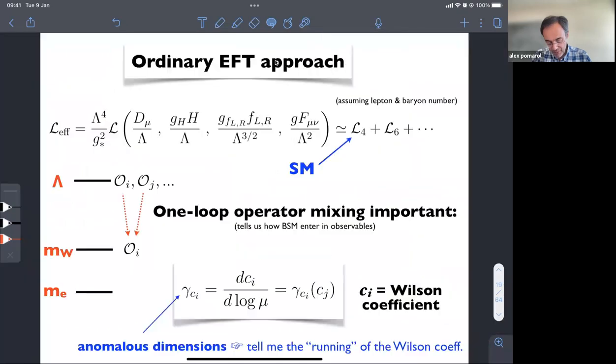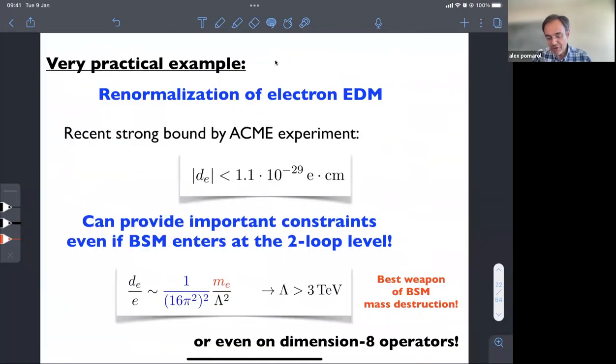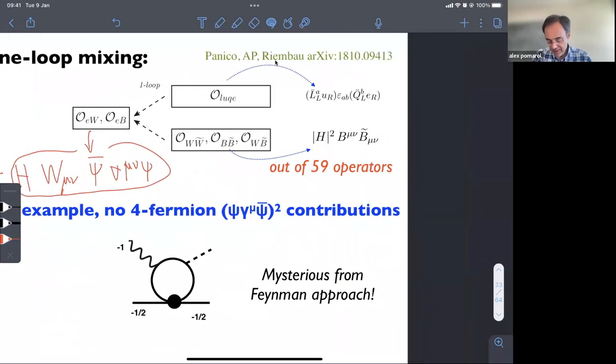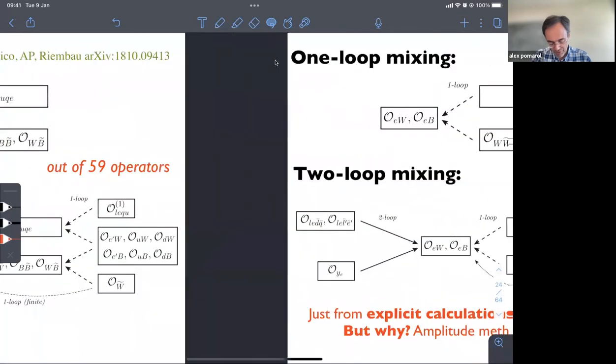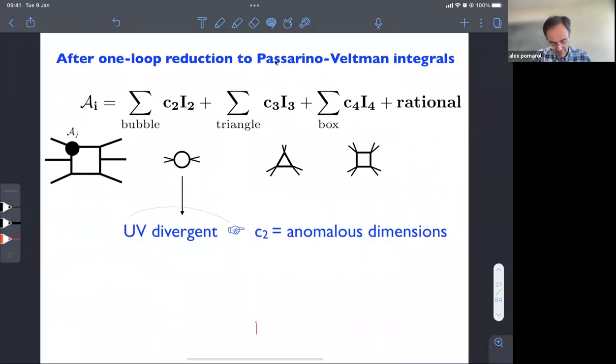When calculating the loops, the anomalous dimensions, nothing changes. The anomalous dimensions have to do with the UV divergent part. In the UV, meaning high energy, the masses are irrelevant.